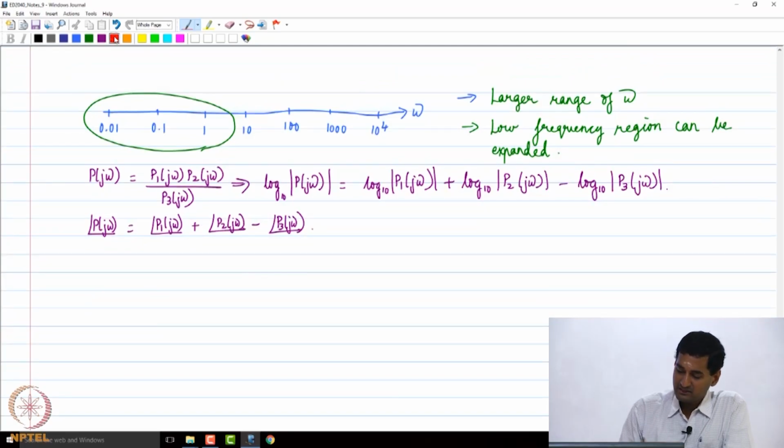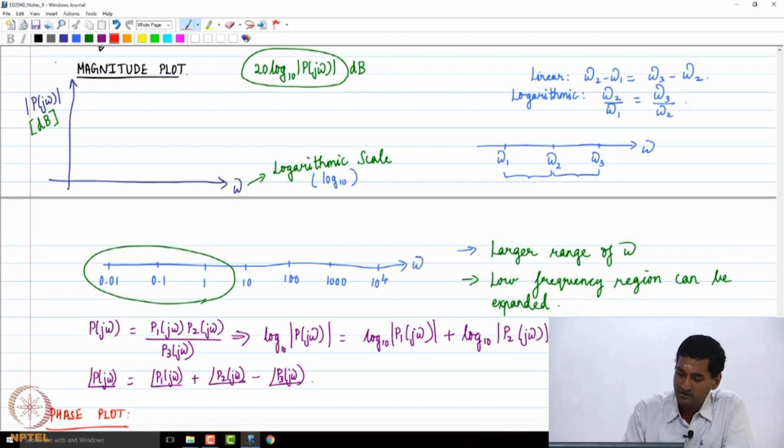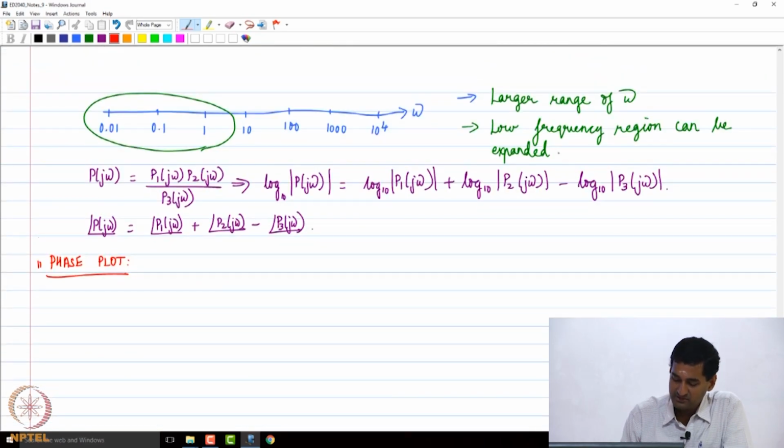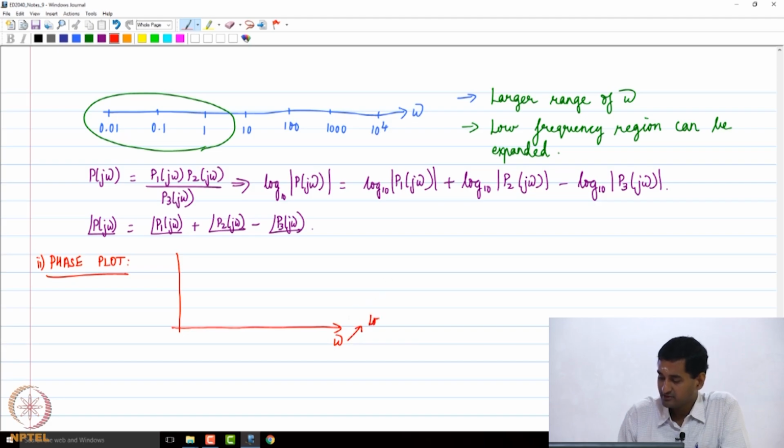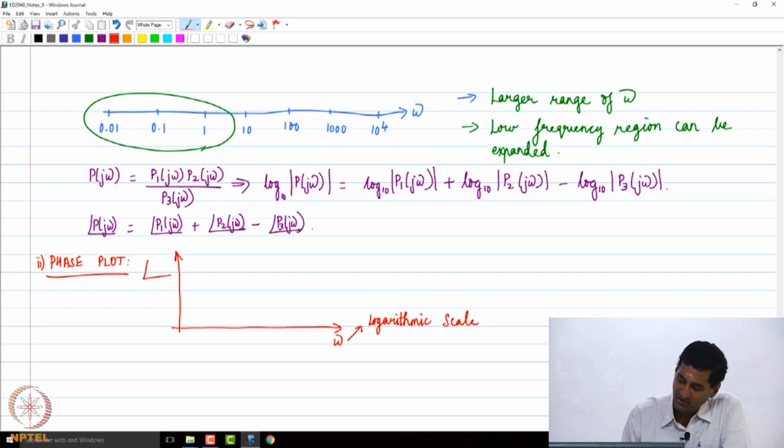So now the second plot is what is called a phase plot. This Bode plot has two plots. First is the magnitude plot. Second is the phase plot. So what is the phase plot? In the phase plot, once again, omega is plotted on the abscissa using a logarithmic scale, and the phase of P of j omega is just plotted in degrees using a linear scale.